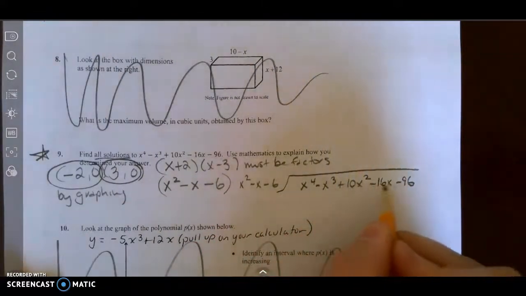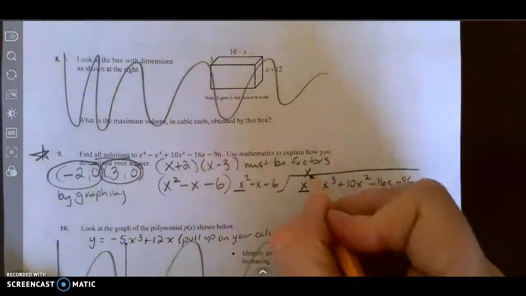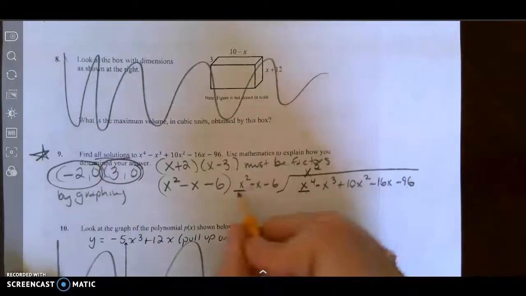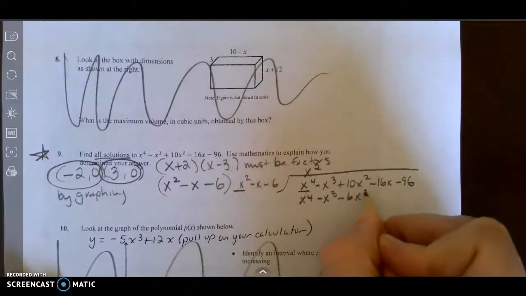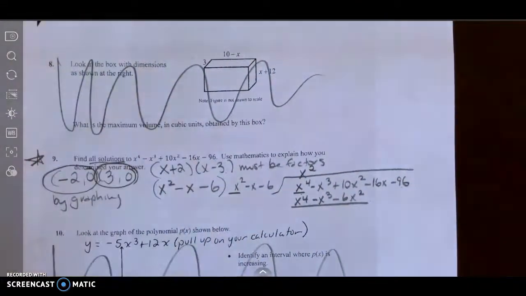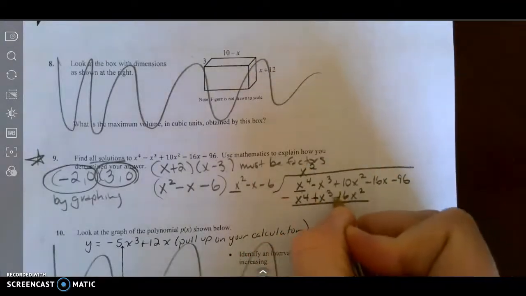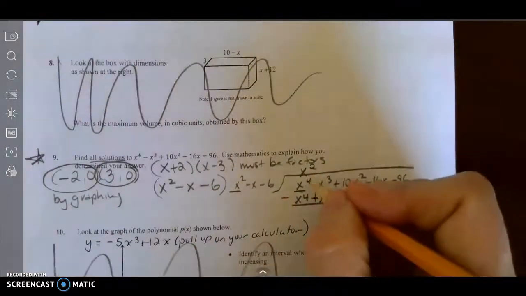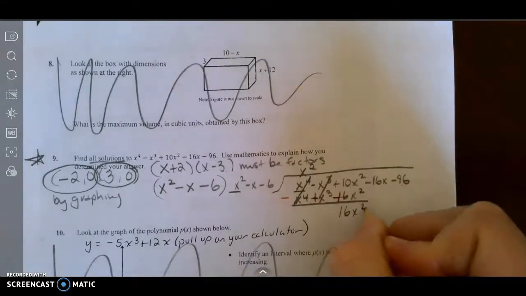Got no placeholders to put in. Focus on the first. X to the 4th divided by x to the 2nd is x to the 2nd. Multiply it out. X to the 4th minus x cubed minus 6x squared. Since I'm subtracting, I change my signs. Negative, positive, positive. And I get 16x squared.